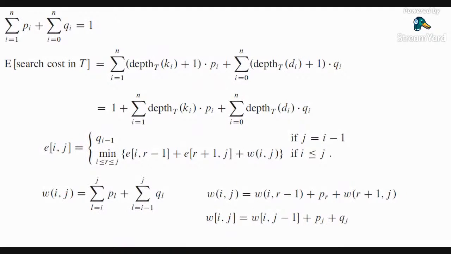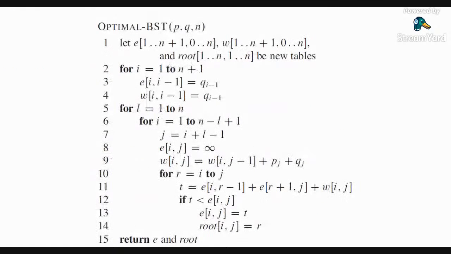This is the same expression. Now Eij is initialized to infinity. Then if t is found to be less than Eij, then Eij is equal to t. And this t is nothing but that r for which it is minimized, and the value of that minimizing index is stored in this variable root ij.